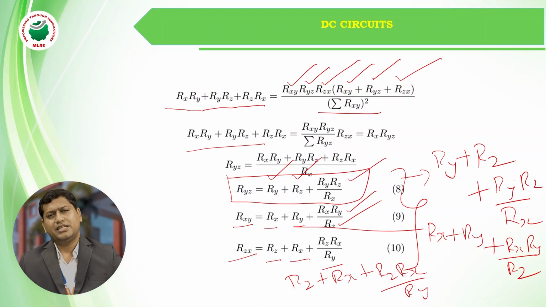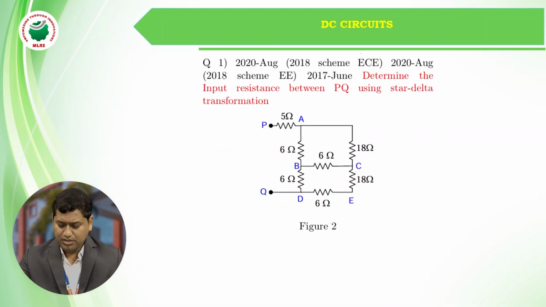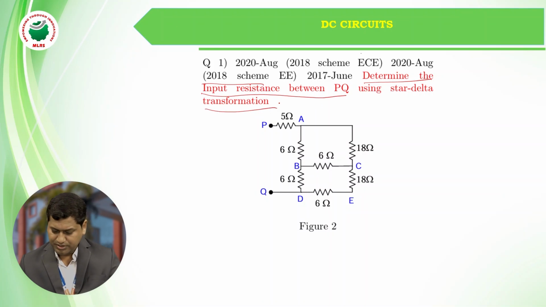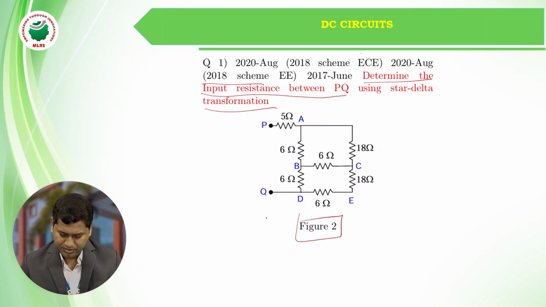So next, let us see the problem on this transformation. This was previously asked in the scheme. Determine the input resistance between PQ using star delta transformation. This is the question, named figure 2.